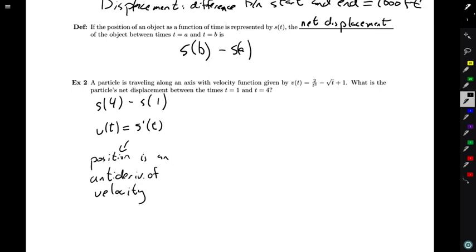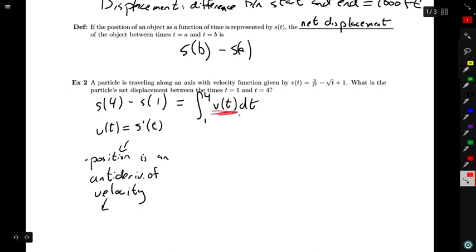What it means for position to be an antiderivative of velocity is that if we want to talk about this quantity here, s of 4 minus s of 1, we can think about that as the integral from 1 to 4 of v of t dt. This is our fundamental theorem of calculus coming into play here.